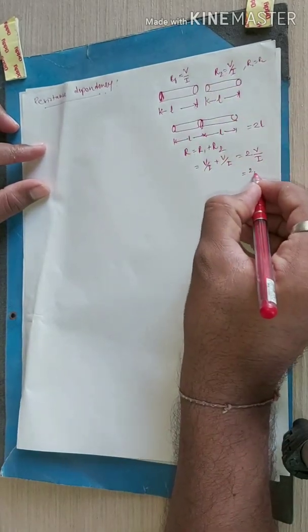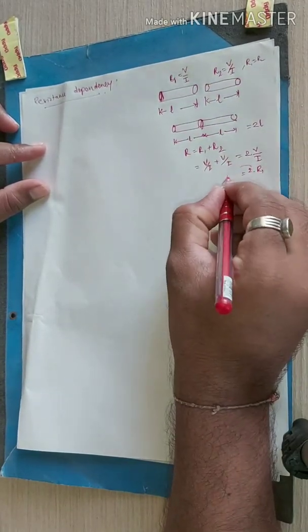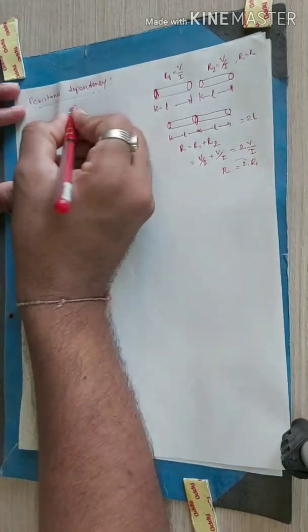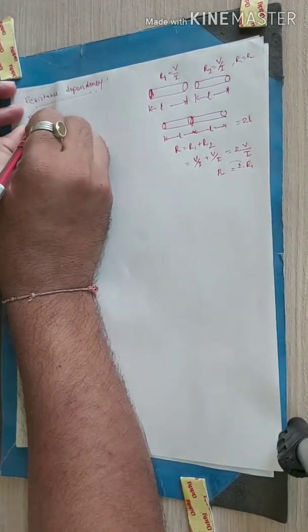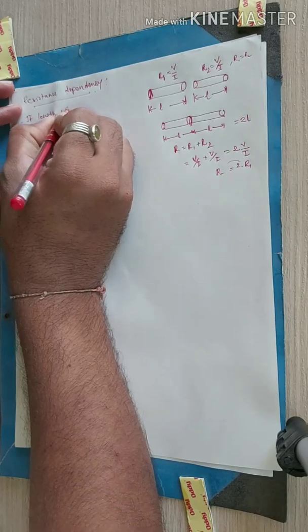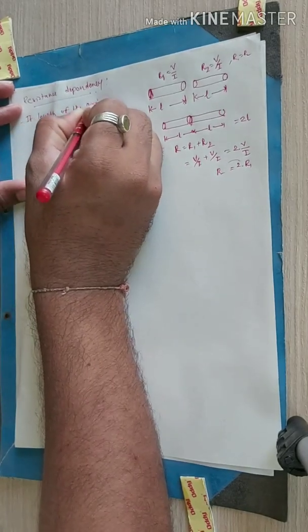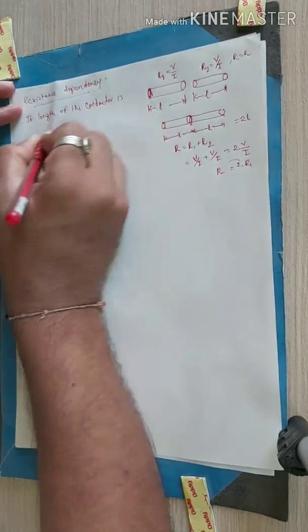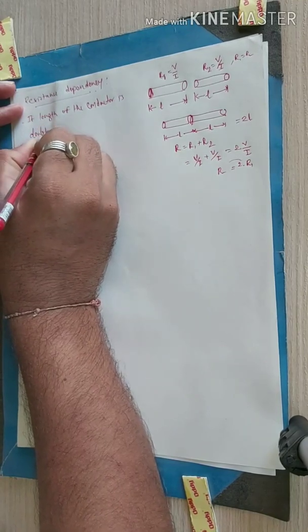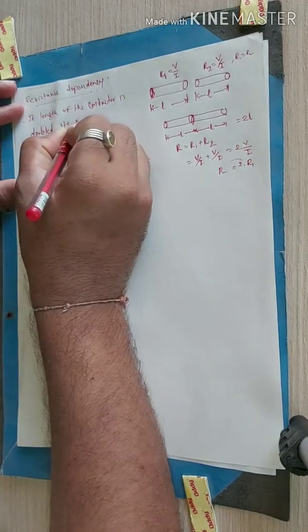So we can say that if the length of the conductor is doubled, its resistance will be doubled.